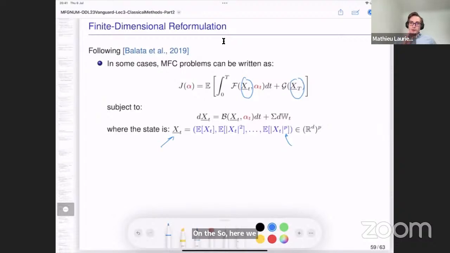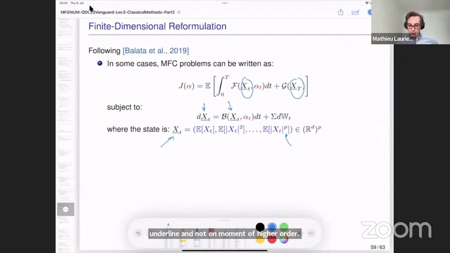So here we have a finite number of moments. So in some sense, it is finite dimensional. It is back to an optimal control problem in finite dimension because the state is this collection of moments. It's not completely clear that the collection of moments has a dynamics which depends only on the same moments, but here what is claimed is that indeed the evolution of x underline depends only on x underline and not on moment of higher order.